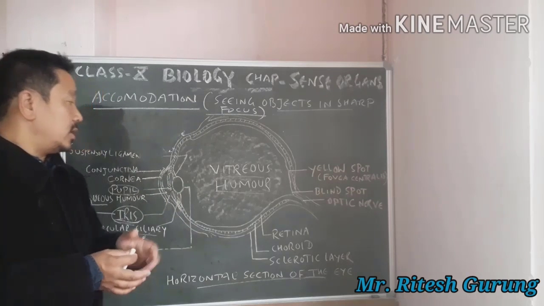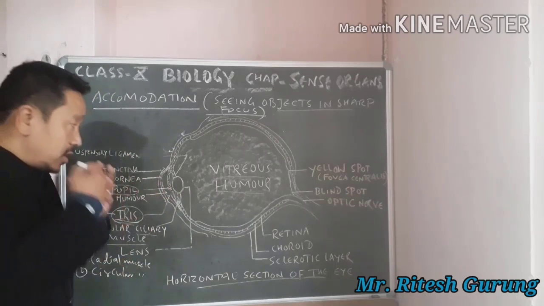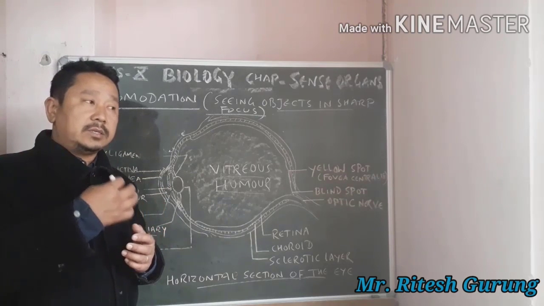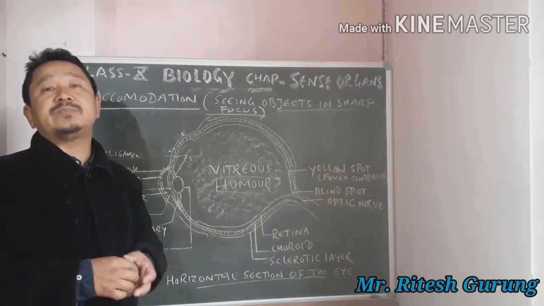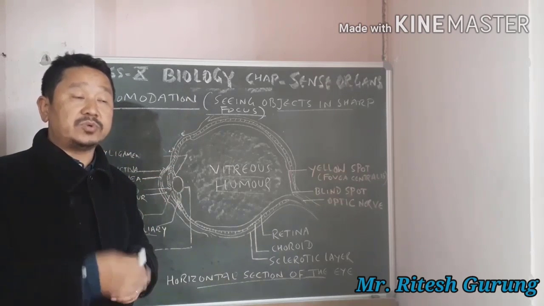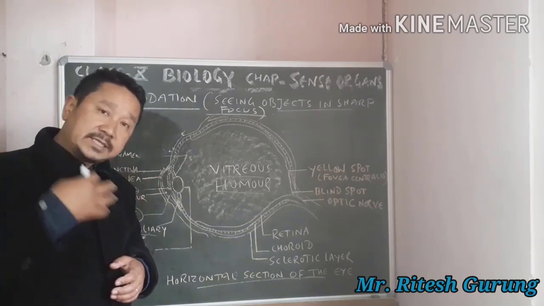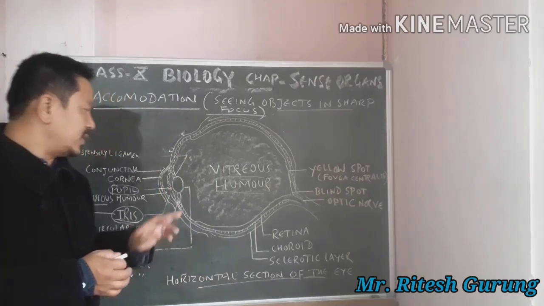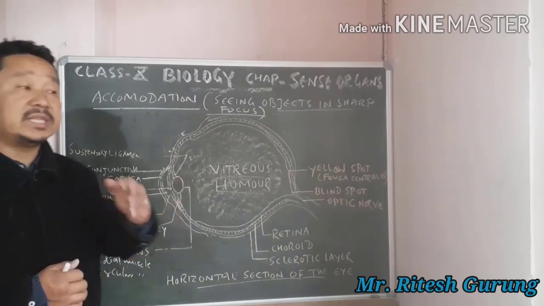Whereas if the objects are farther than 6 meters, at distant places, more than 6 meters away from you, in that case your lens will be thinner.